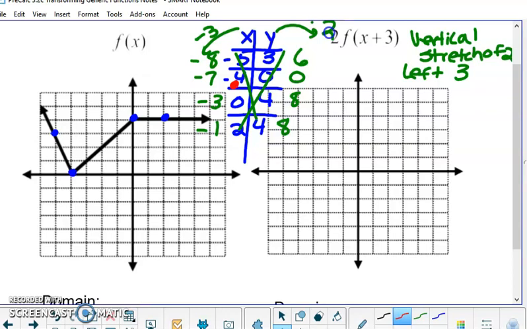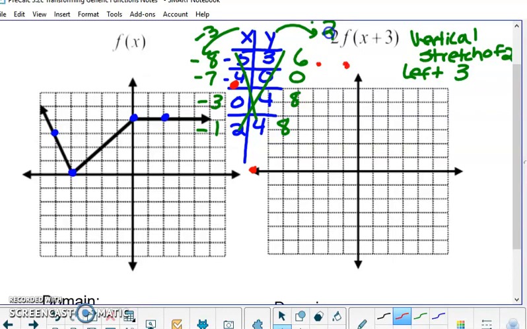Negative 7, 0, 1, 2, 3, 4, 5, 6, 7. Negative 3, 8. 1, 2, 3, 4, 5, 6, 7, 8. And negative 1, 8. Make that a little more even.